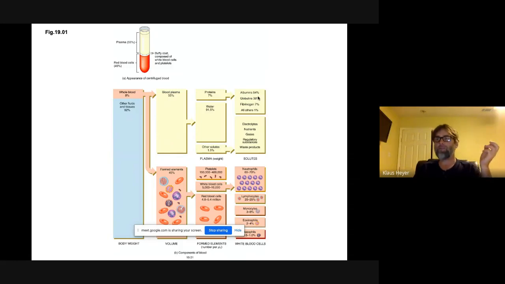You have about 4 to 5 liters of blood in your body. Everything is going to be in liters, so you should know what a liter is. A 2-liter bottle of Coke is 2 liters, and they sell them in 1 liter, so you can go see what a liter looks like. A standard water bottle is 500 milliliters, which is half a liter.